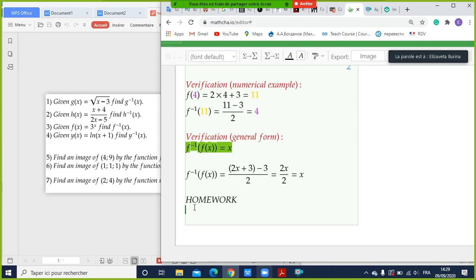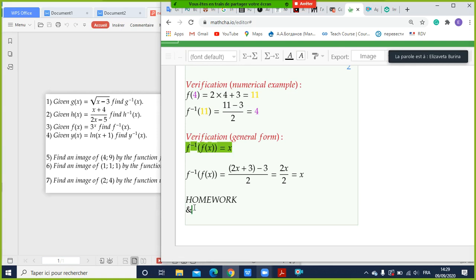In the first example, it is actually better to use the logic of what it does, what it undoes. In the second example, not at all, because it does too many things at the same time, so we cannot separate first it is this, second it is this. But let's try with the first function.